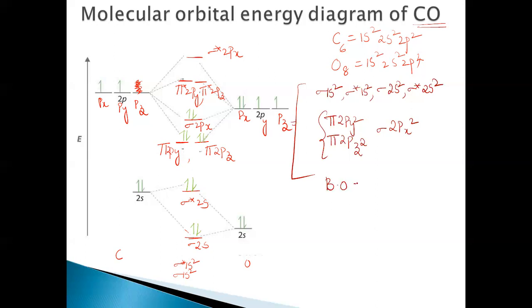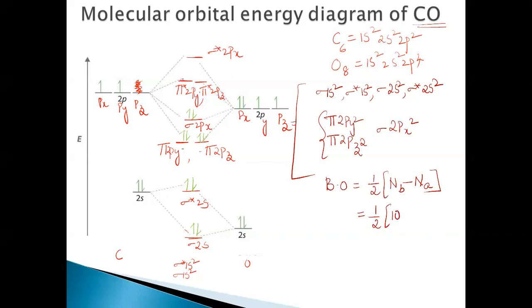When we look at the bond order, that is half into the number of electrons in the bonding molecular orbitals minus the number of electrons in the anti-bonding molecular orbitals. So let's look at the electrons in the molecular orbitals without the star: 1, 2, 3, 4, 5, 6, 7, 8, 9, and 10.